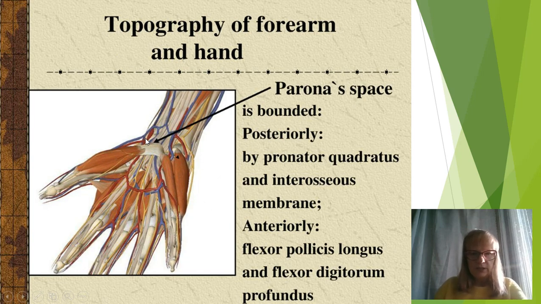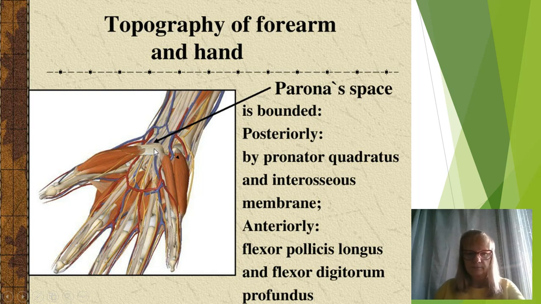Okay, Parona space, boundaries. Posteriorly, we have the pronator quadratus. I remind you, pronator quadratus is the deepest muscle of the flexor group on the antebrachium. Next to pronator quadratus, we have the interosseous membrane between the radius and ulna. So posterior boundary of Parona space: pronator quadratus and interosseous membrane.